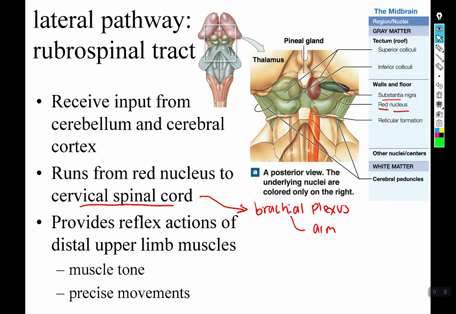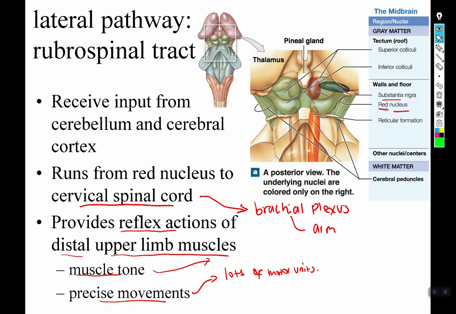So muscle tone and precise movements. So remember, our hands have a lot of motor units, and especially for delicate object manipulation, tone is important because you don't want to grip a tiny thing too hard. So the micro adjustments in pressure that you make or other things are going to be coordinated reflexively by our red nucleus.